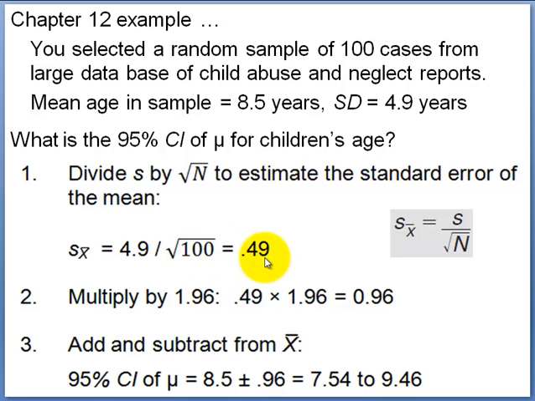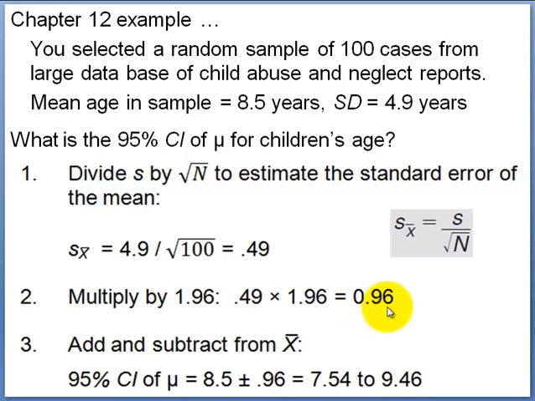Here is that calculation. The very good estimate of the standard error of the mean is 0.49. Then let's multiply 0.49 times 1.96, and that's carried out in step 2.